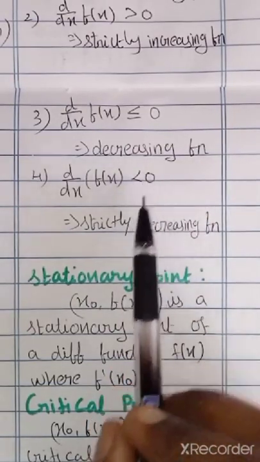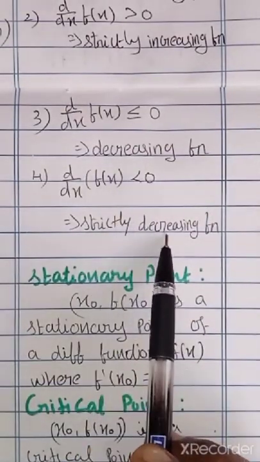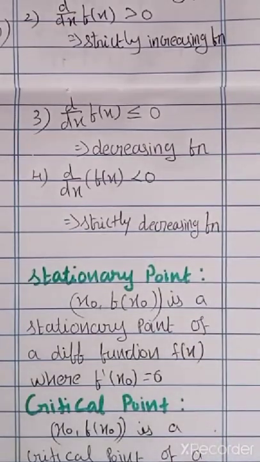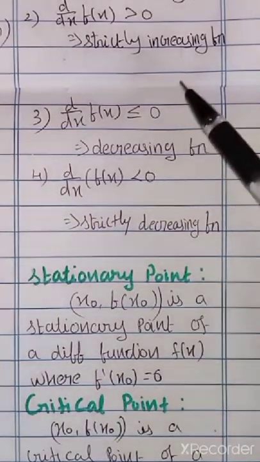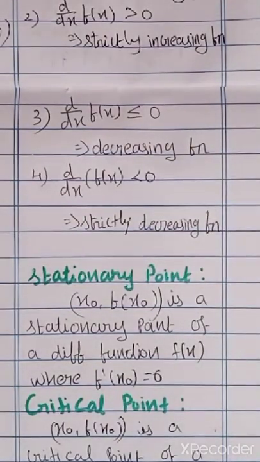If it is only less than 0, it is a strictly decreasing function. Okay, so monotonicity means we have to check whether it is increasing or decreasing. So using these definitions, we can find out whether it is increasing, strictly increasing, decreasing, or strictly decreasing.